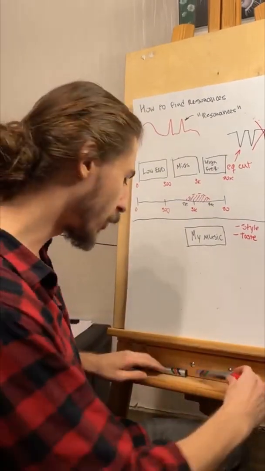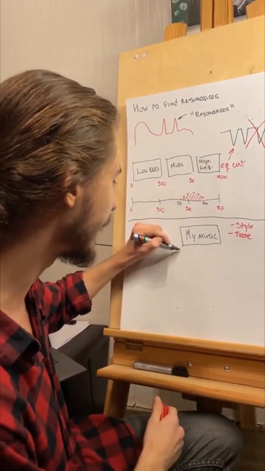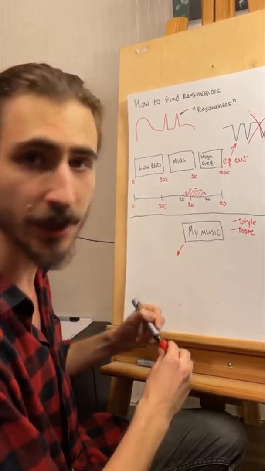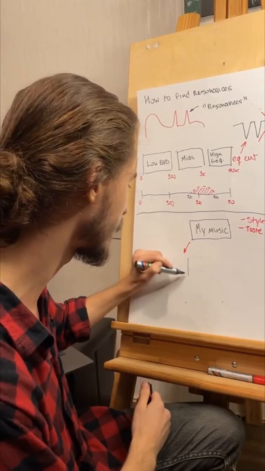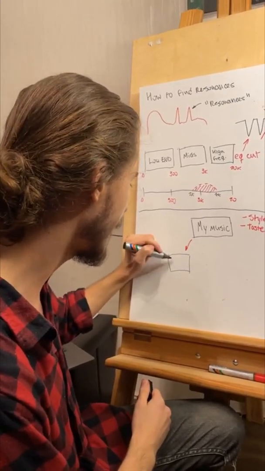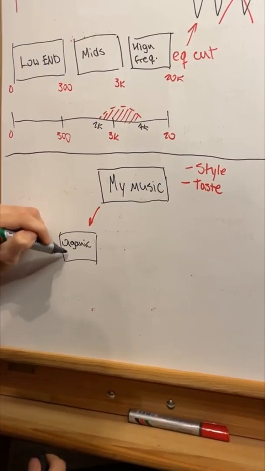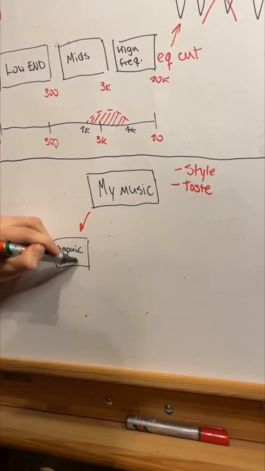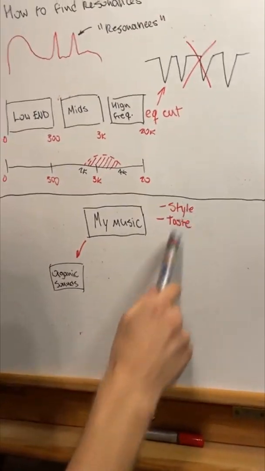For my music, what I usually do, I like selecting organic sounds, okay? I'm a huge fan of organic sounds. I use a lot of organic sounds. So it's really up to the taste and to the style.